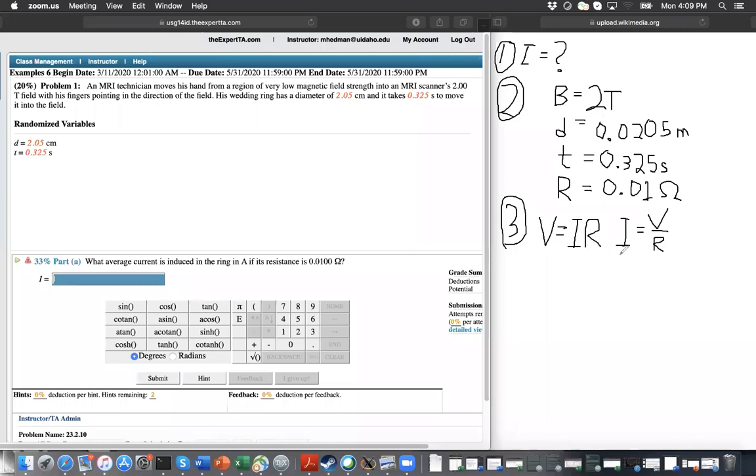Now, again, we know we want I and we know R, that's good, but we don't know what V is. We don't have anything in here that immediately tells us what the voltage is.